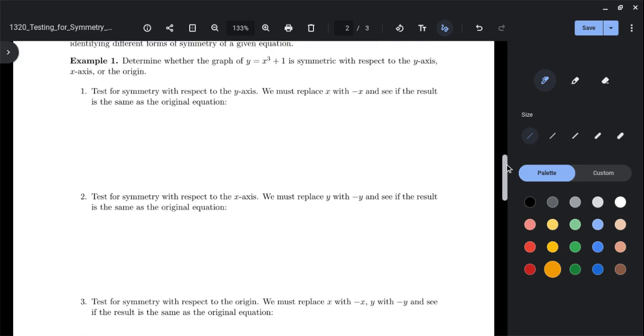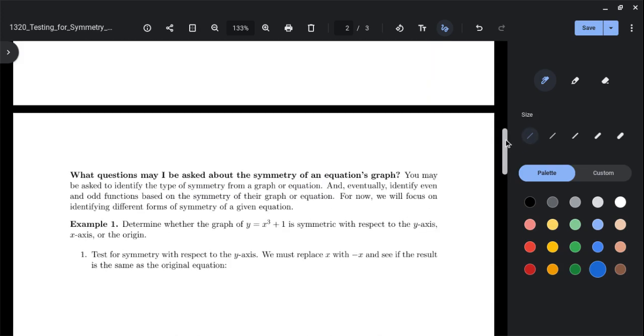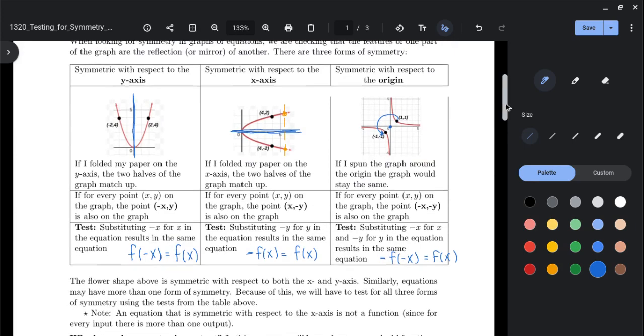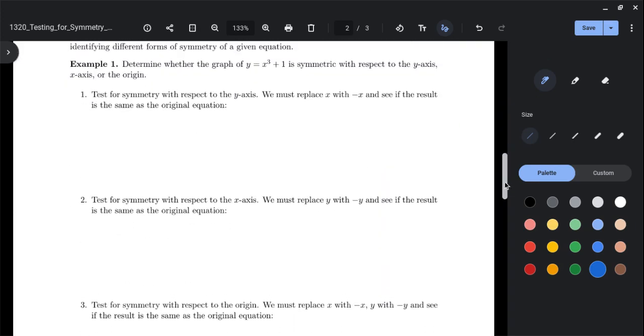So here we're asked to determine whether the graph of y equals x cubed plus 1 is symmetric with respect to the y-axis, x-axis, or the origin. So the first thing we're going to do is test for symmetry with respect to the y-axis. If you reference back to that table, when we are testing for this type of symmetry, we are substituting a negative x in for all of our x's and seeing, do we get the same equation back?